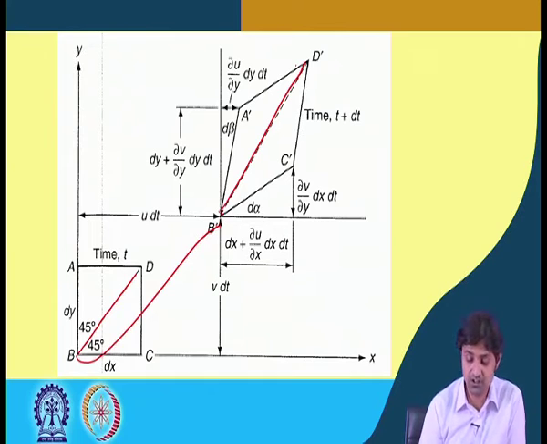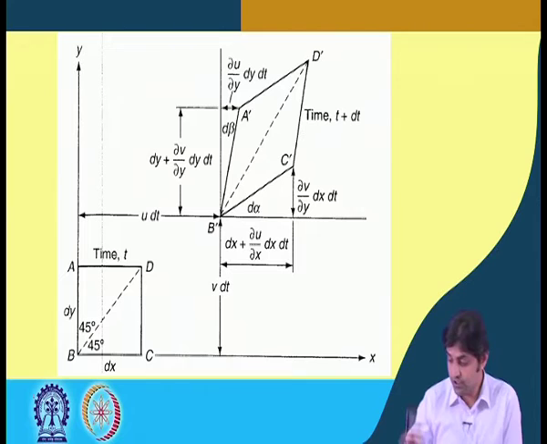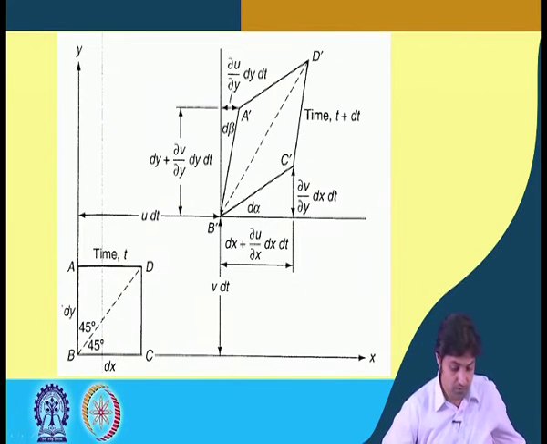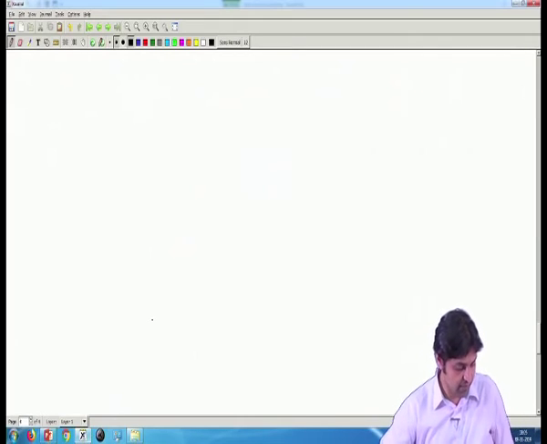Because of rotation, some of these elements will dilate and some of them will elongate. Okay. So, now using this figure, we are going to write down. So, we will keep this handy and start deriving.